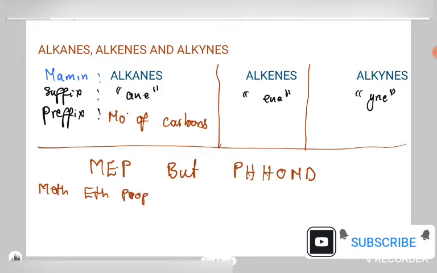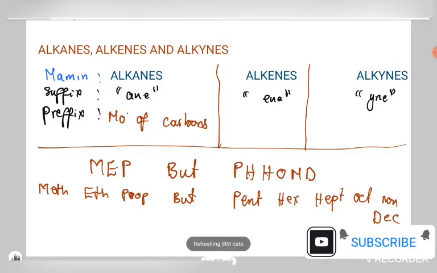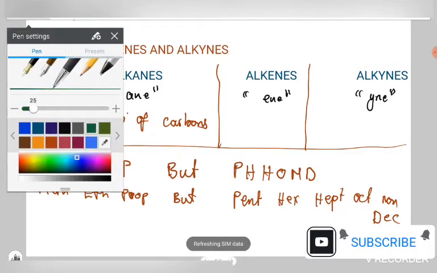All of these are in capital letters, but only U and T are in small letters. These go together, but when we pronounce it in naming, we say "but", not "bute". P stands for pent, H, the first one, stands for hex, the second one stands for hept, and the third one, this O, stands for oct, N for non, and D finally stands for dec. This mnemonic helped me memorize all of these.